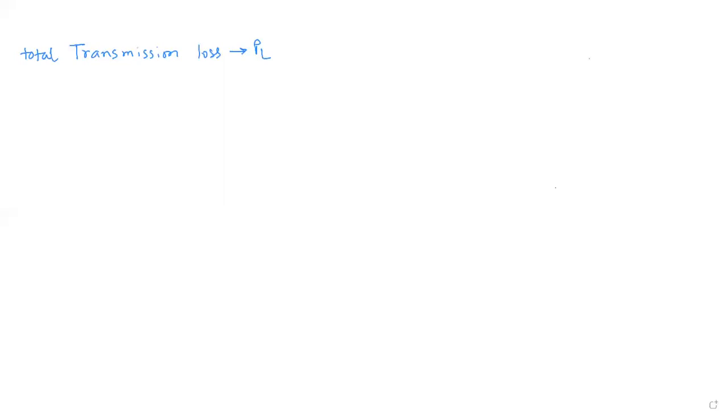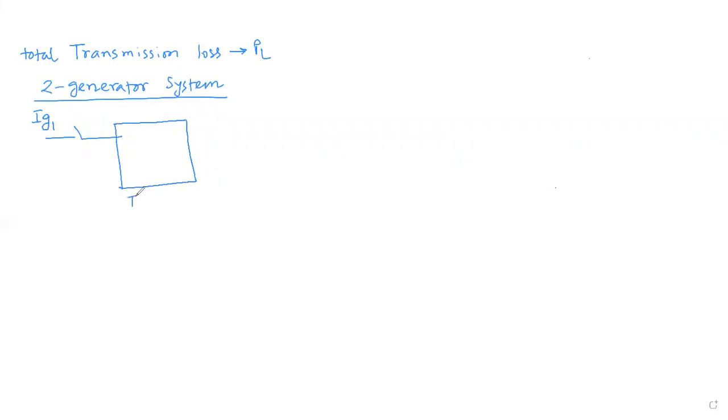To start with, let's assume a simplified two generator system. Each generator generates some current; the first generator generates current IG1, and that is being fed into a network. This is basically our transmission network.